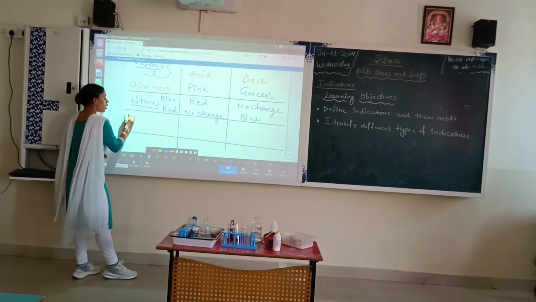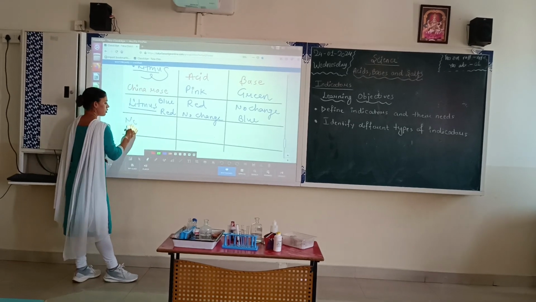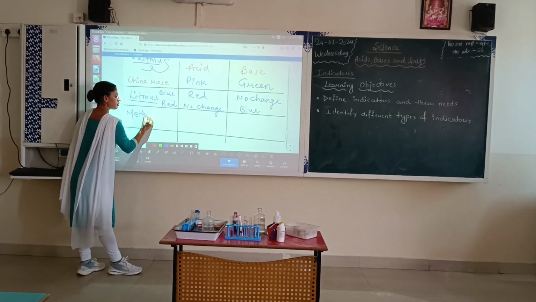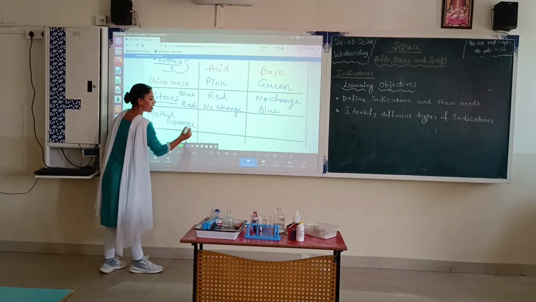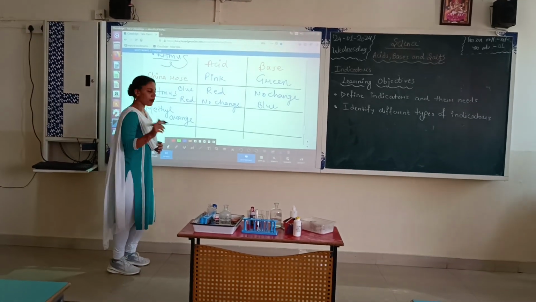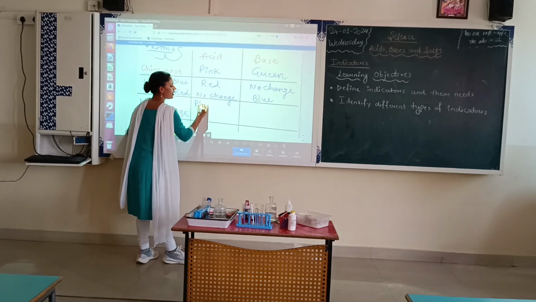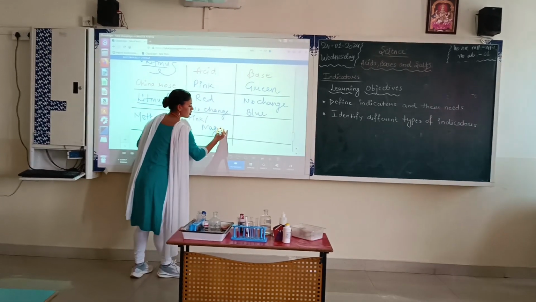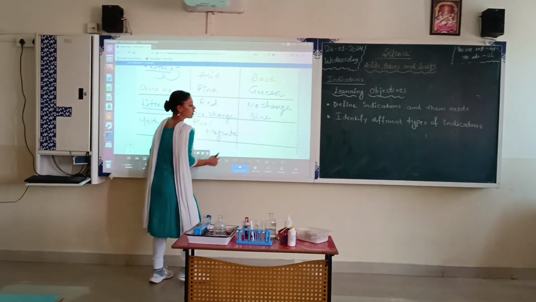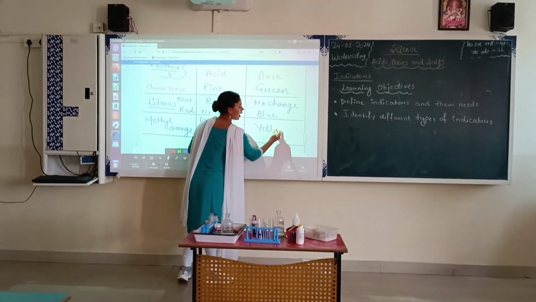Next we can talk about methyl orange. Methyl orange with an acid, what was the color change? Magenta, a kind of dark pink color. So we can write pink or magenta color appeared. And with the base, it remained yellow.